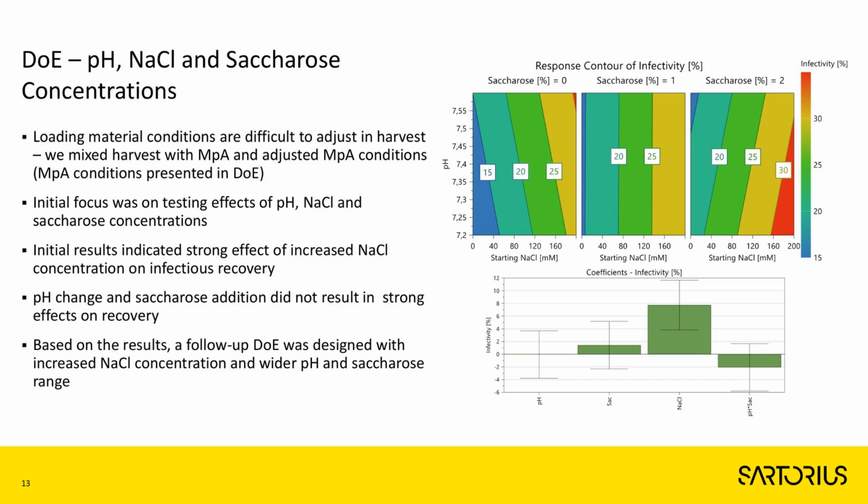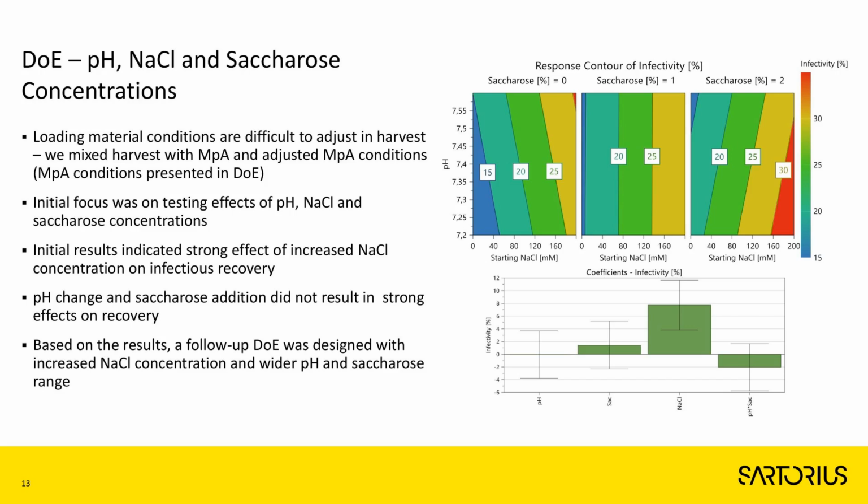Specifically, the increase in the NaCl concentration led to a better recovery in the downstream process, while the effects of pH and saccharose didn't seem to have a significant effect. And you can also see this reflected in the contour plots at the top right, where you can see that the best results, which are in the red, are achieved at the highest NaCl concentration, regardless of the pH and saccharose concentration.